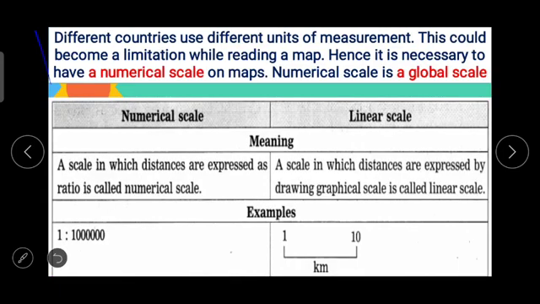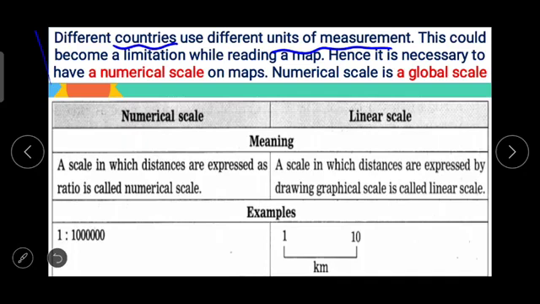One more important thing to keep in mind while studying the map scale: different countries use different units of measurement. For example, units of measurement in India may be different from units of measurement in America.